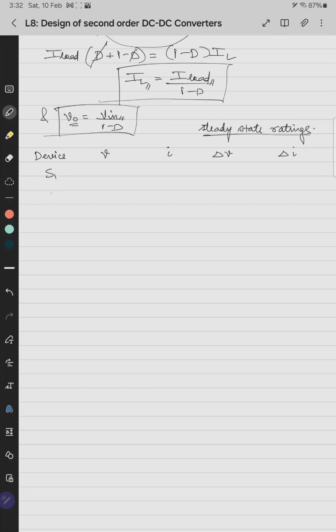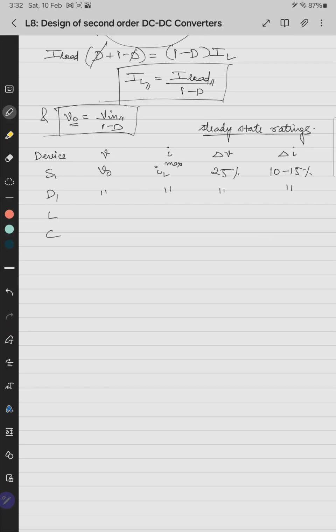So S1, D1, L and C. For S1 it is V naught. This is IL max. I max you can write below or above, that is not a problem. 25%, again 10 to 15%. So for D1 it is the same. For D1 the current is IL max. In the buck converter it was a different current. Again it is 25%, 10 to 15%.